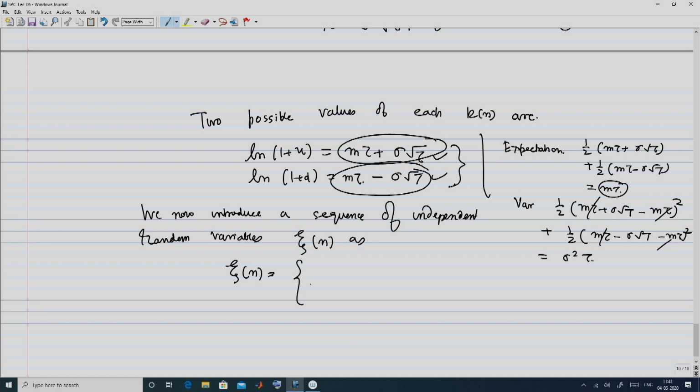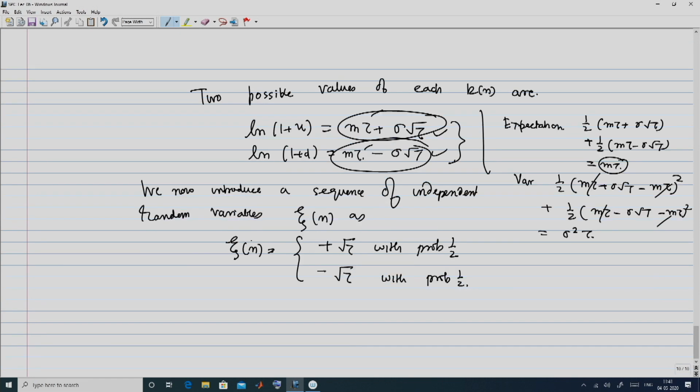Xi of n, I will define this to be plus square root of tau with probability half. So, this is motivated by the fact that this term and this term, the only difference is that of a sign, and this will be minus square root of tau with probability half.